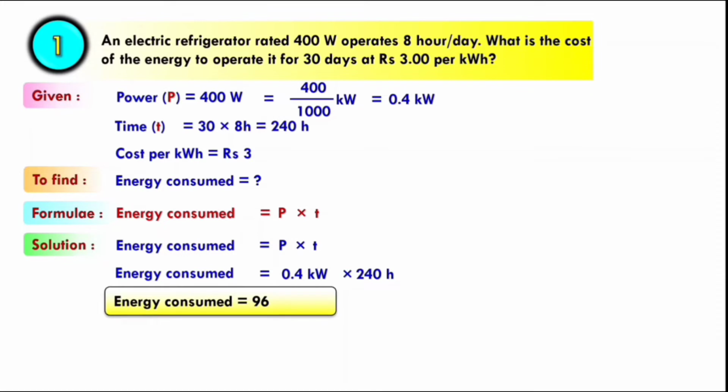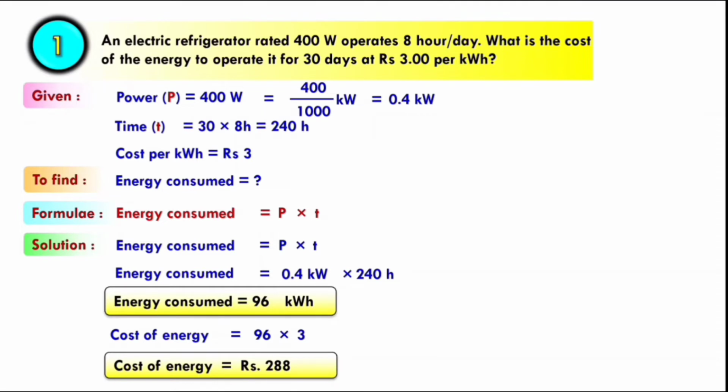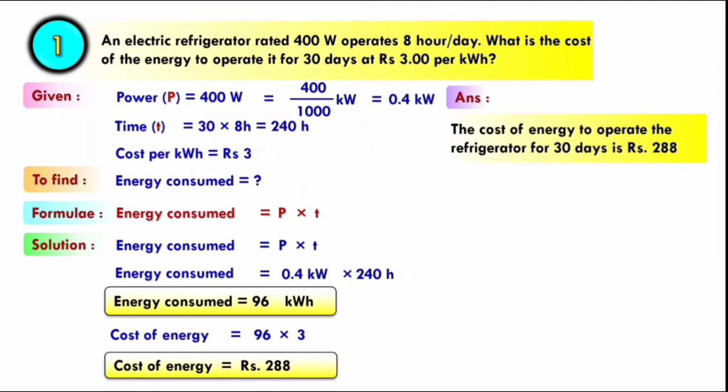Energy consumed equals 96 kilowatt hour. Now the cost of energy will be 96 into rupees 3, so the cost of energy equals rupees 288. The answer is, the cost of energy to operate the refrigerator for 30 days is rupees 288.